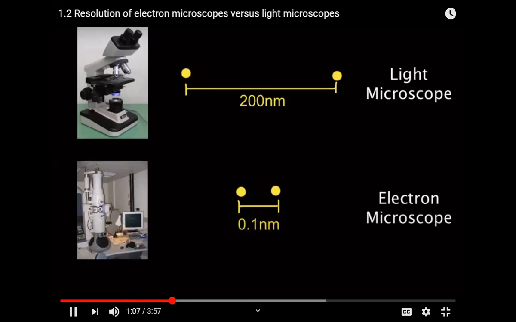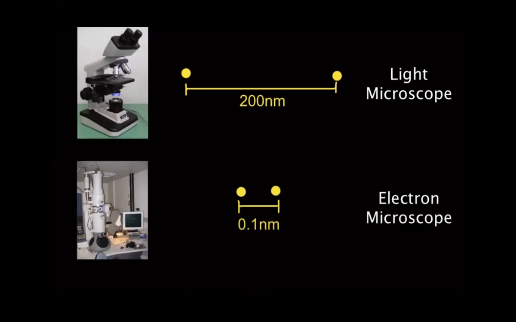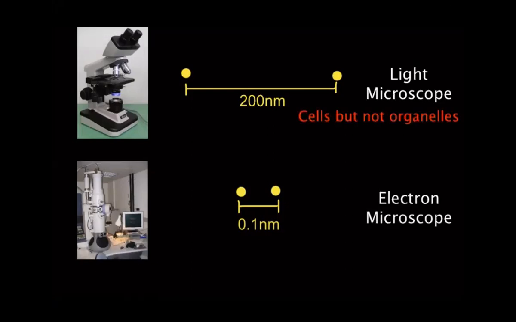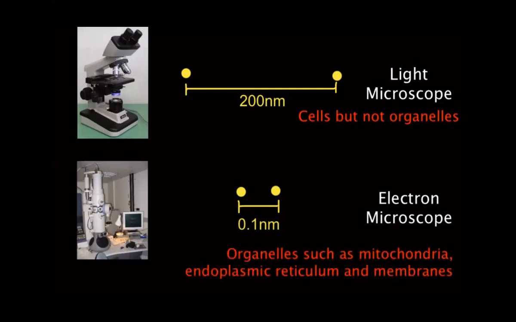So for us as biologists, this means that if we use a light microscope, we can view cells, but we can't view organelles because the organelles are too small. If we use an electron microscope, however, because it has a higher resolution and is able to distinguish between 2 points that are much closer together, we can see organelles such as mitochondria, the endoplasmic reticulum, and membranes.